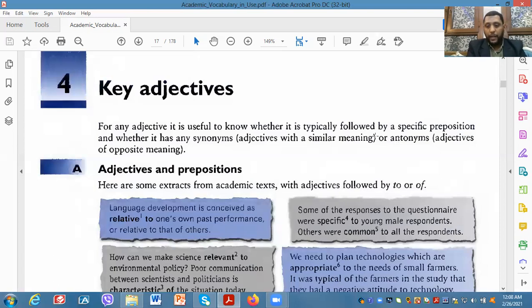However, when it comes to the antonym, adjectives of opposite meaning, it's not like the synonym, rather it is the opposite. We were talking about the word happy, and it has synonyms like pleased, glad, delighted. When it comes to the antonym, it's the opposite. So what's the opposite of happy? Sad.